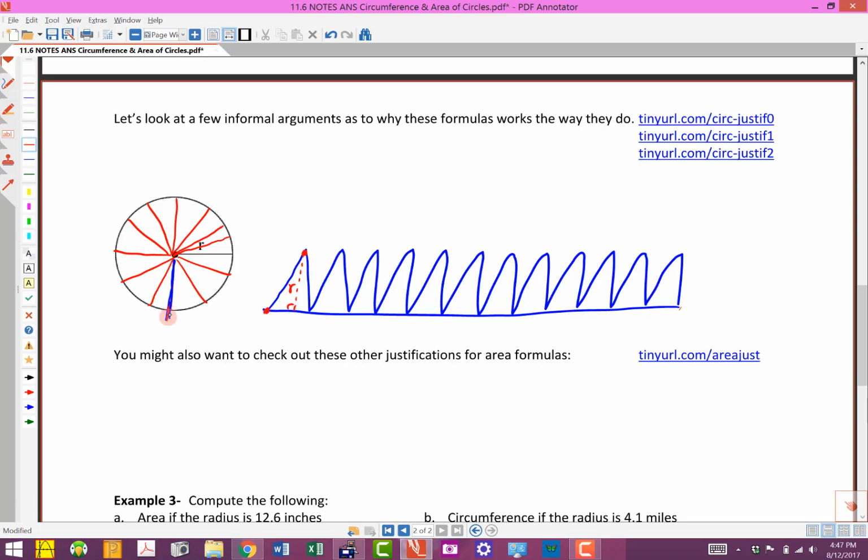So in other words, when we cut it along here and spread this out, how far was it from here to here? Well, that has a name. That's the circumference. And the circumference is 2 pi r. That's the formula for circumference. So the distance from here to here is 2 pi r, and the distance from top to bottom is just r.